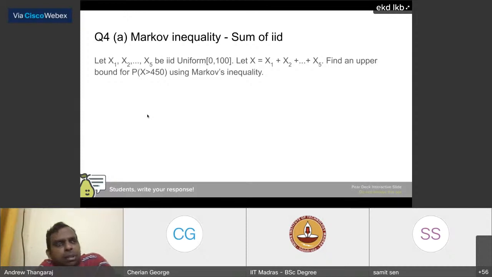The easiest way for me to see it is, if the probability that X is greater than t is bigger than expected value of X divided by t, then the expected value of X will not be the expected value of X. It has to be something bigger, right?